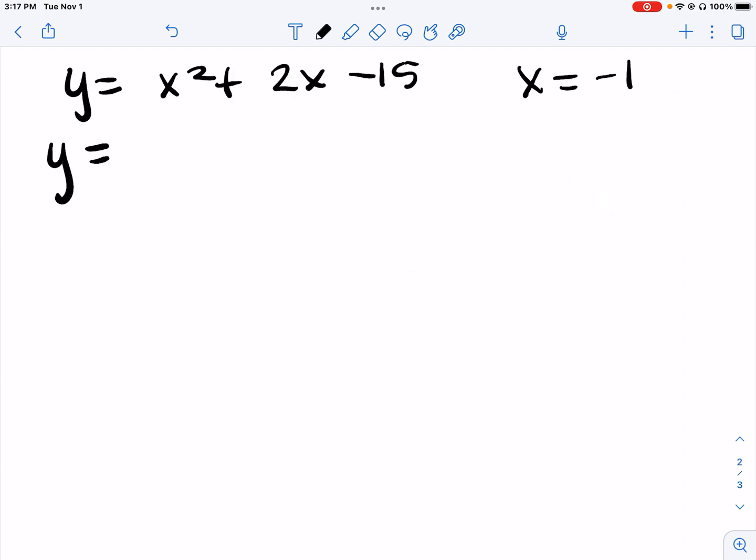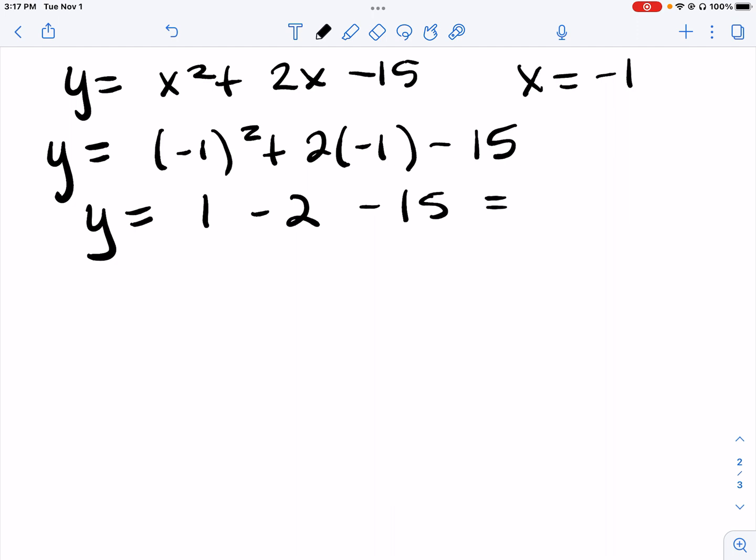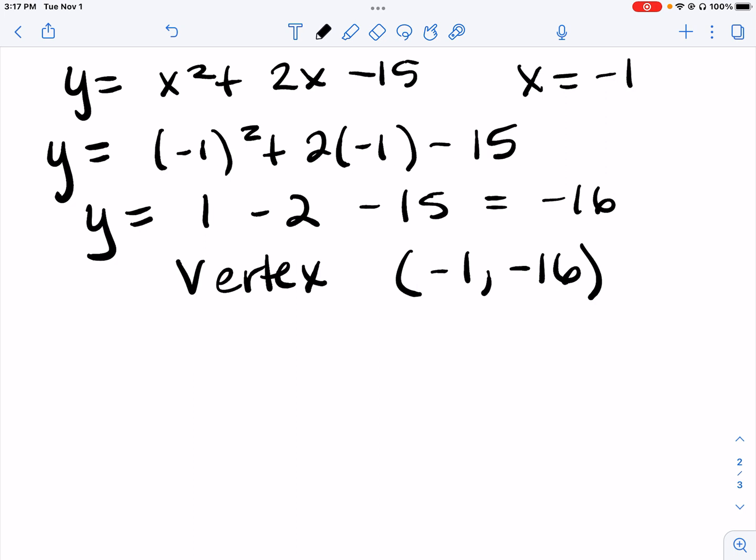We plug in. Negative 1 squared is positive 1. So that is negative 16. So our vertex is negative 1, negative 16.